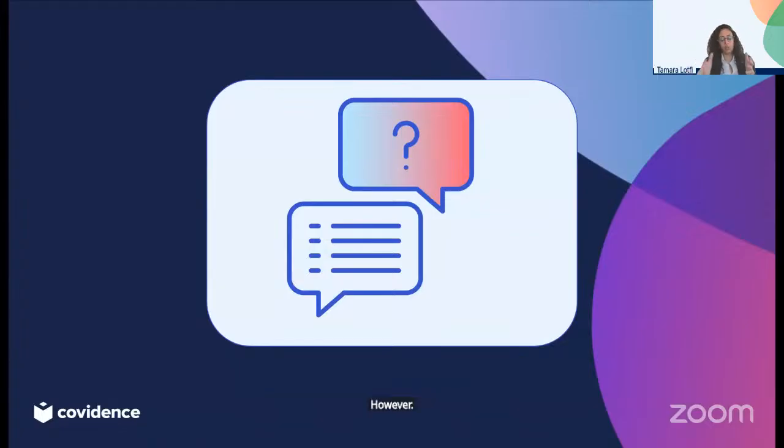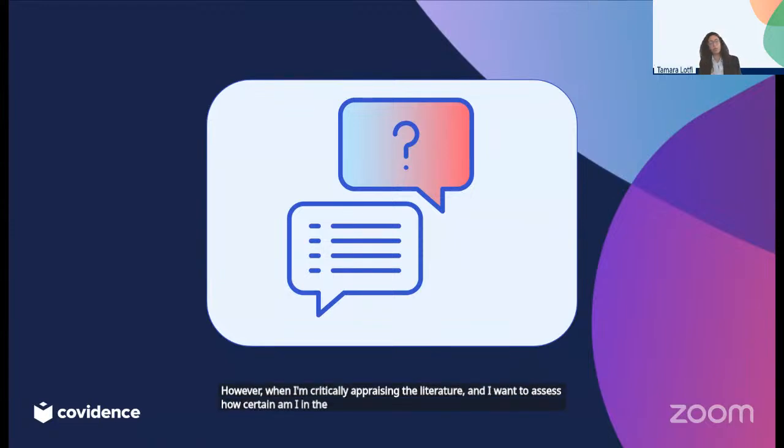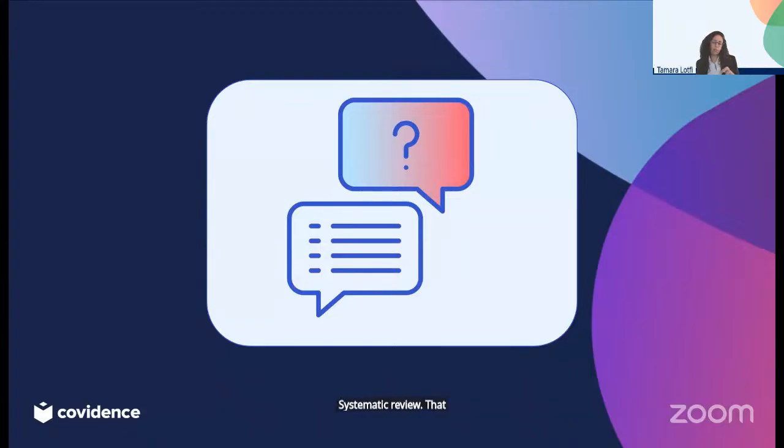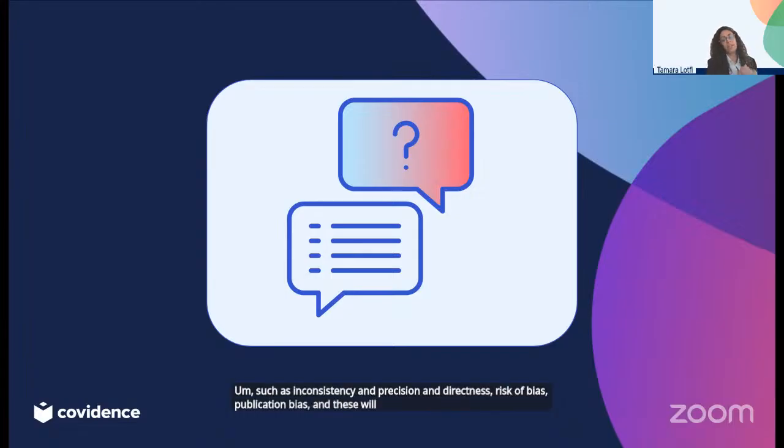However, when I'm critically appraising the literature and I want to assess how certain I am in the primary studies that I've included in my systematic review, that's where I'll use GRADE, because GRADE has a set of domains such as inconsistency, imprecision, indirectness, risk of bias, publication bias, and these will help me understand how confident I am in the evidence that's coming from this primary study that will feed into my systematic review.